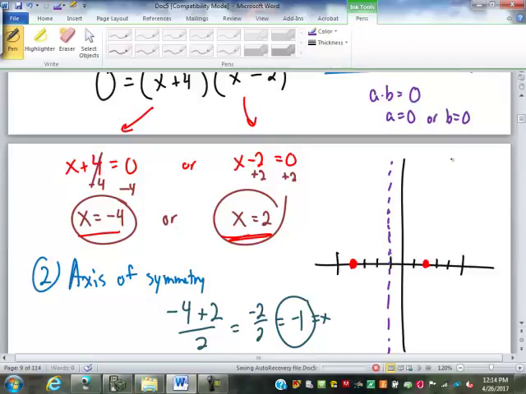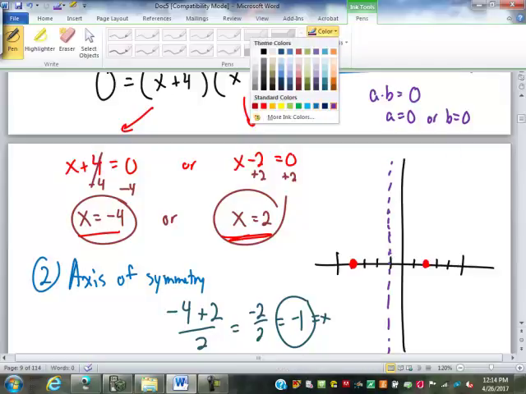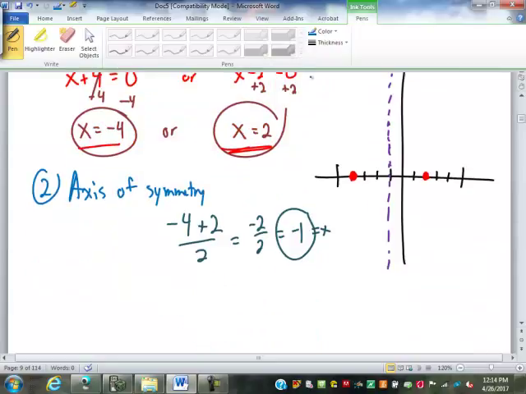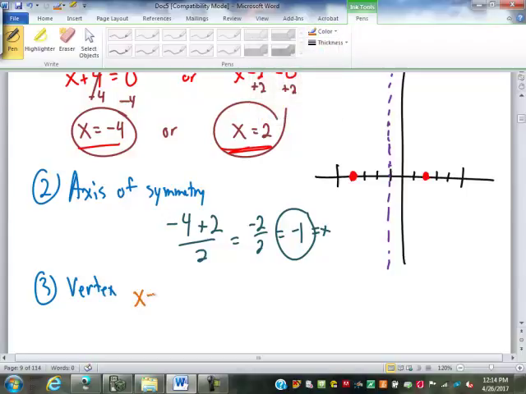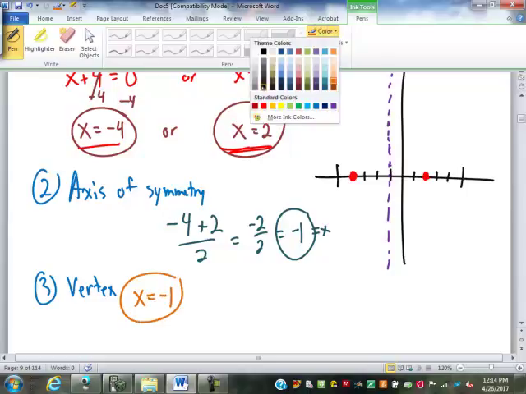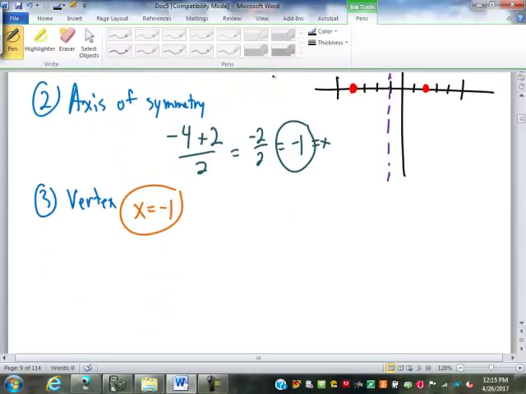That tells me that the vertex is on that axis. So to find the vertex, I know the vertex occurs where x equals -1. So I go back to my original equation: y equals x squared plus 2x minus 8.